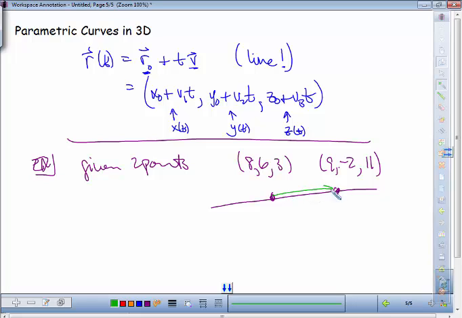It doesn't really matter which way I'm going, so let me just randomly pick my direction vector to be going from this point to this point. What is this vector going to be? We just subtract head minus tail, and then we pick any of these points. We probably should pick the first one, but we could pick the second one just as well, and then we will get a parametric equation of a line.